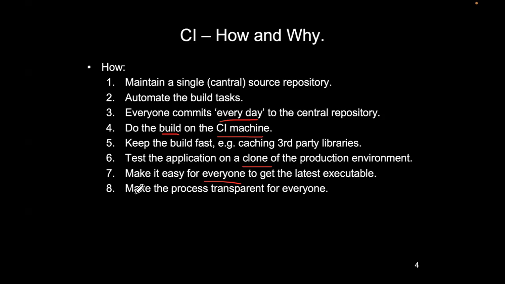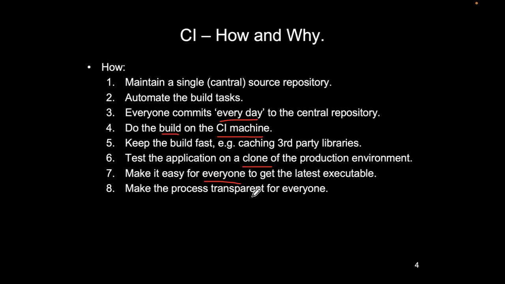Number eight, make the process transparent. Well, that's kind of the same thing. If it's transparent, all the team members have access to the results of the automated build and the results of the automated tests.